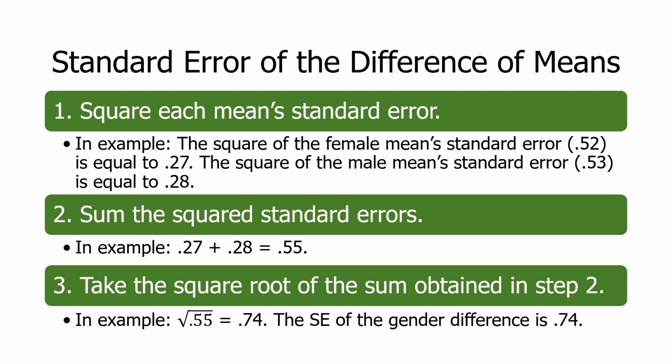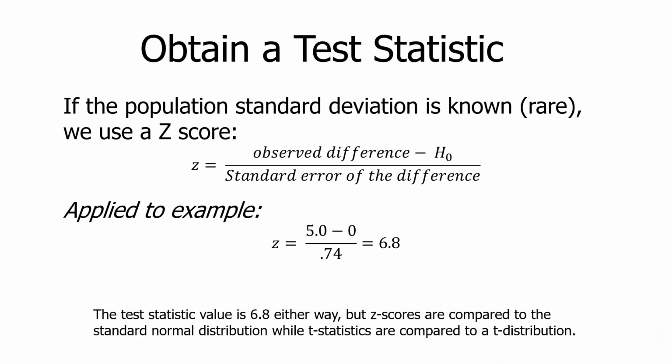Now the so what question. We obtain a test statistic, and what we're going to do is convert the difference asserted by the null hypothesis, which is always 0, because that's the null hypothesis' favorite number, and the difference we obtain in the sample, which is represented by the alternative hypothesis, which is 5 in the current example. That gives us a z statistic. Divide that difference by the standard error of the difference to standardize that difference.